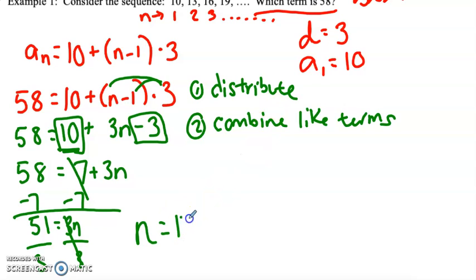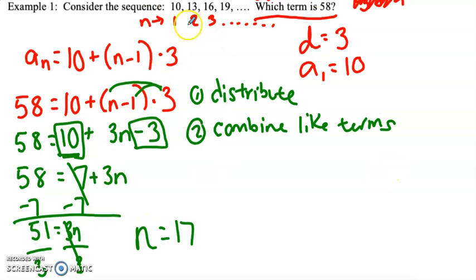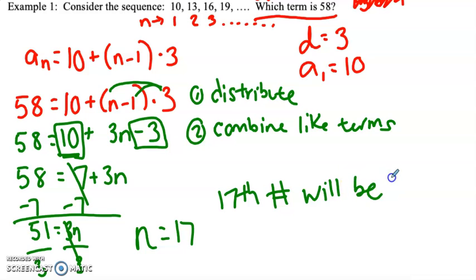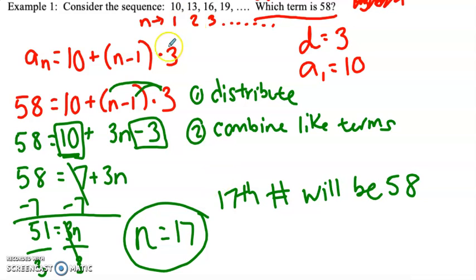17. Okay, so what does this n equals 17 mean? Well, it means if I were to continue this pattern, the 17th number, or the 17th term, is going to be 58. Okay, so that's how long it's going to take for me to find that number 58.